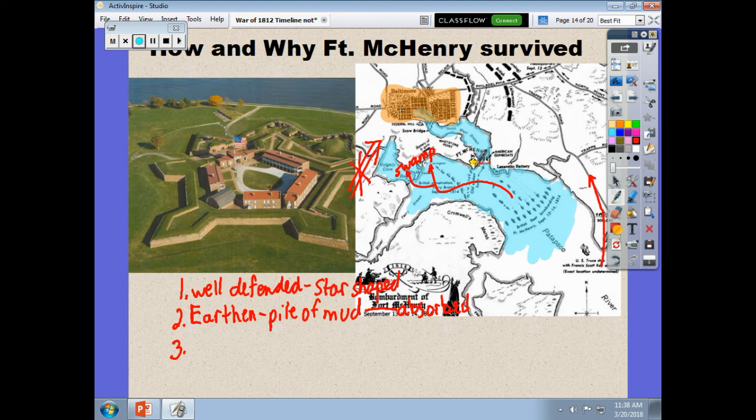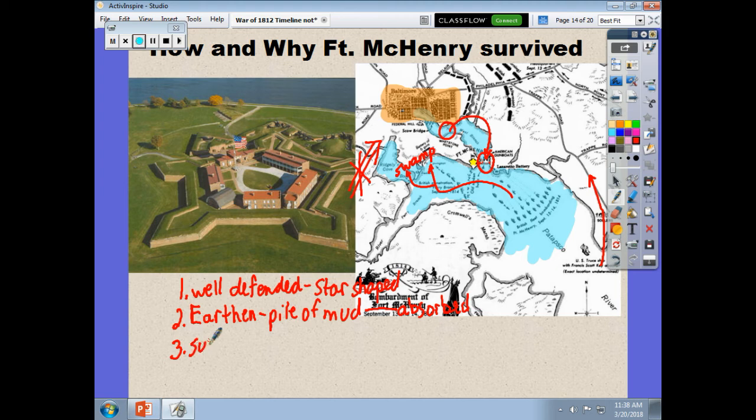And what they did in the fort, this is number 3, what they did was they sunk ships right here. They took ships from up here and they sunk them right there. And they created literally a wall of ships that were on the bottom of the bay that the British couldn't go past. If they'd gone past them, they would have gotten caught on them. Then the fort itself would have been able to fire upon them, or they would have gotten caught and they would have sunk.